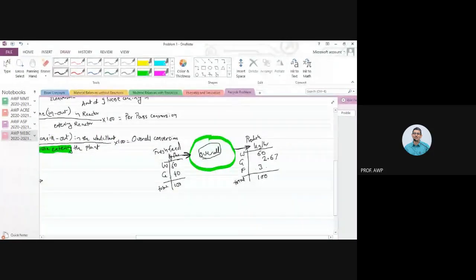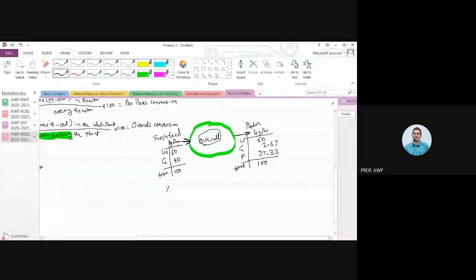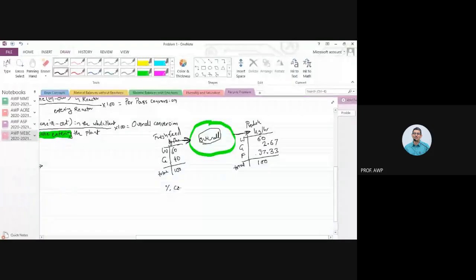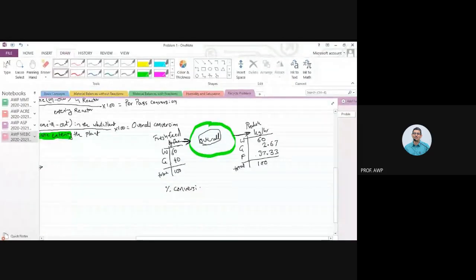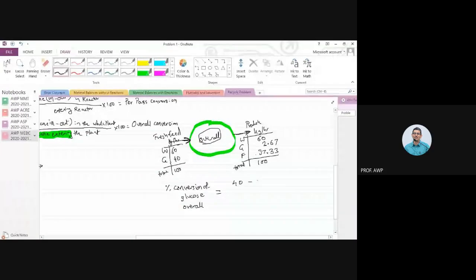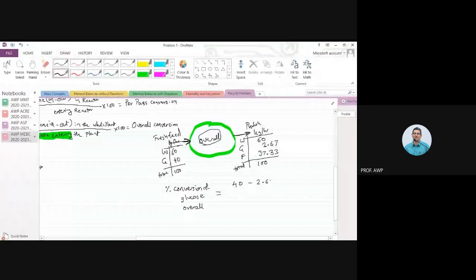37.33 kg per hour. So if you look at the percent conversion overall, what enters is 40 kg per hour, what leaves is 2.67 kg per hour.